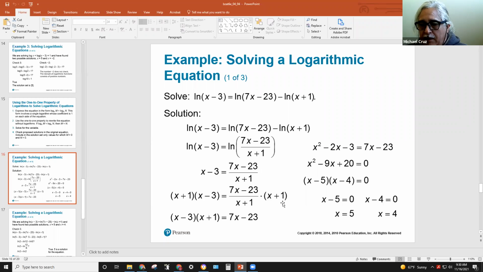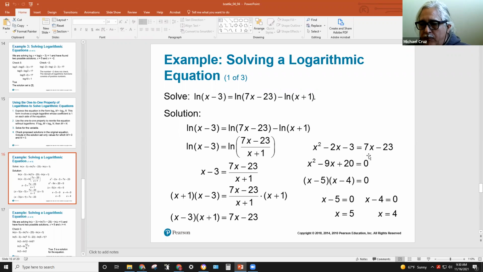On the right side, we're multiplying all of this times x plus 1. So see, those go away, and you're just left with a numerator of 7x minus 23. And over here, that can be FOILed out as x squared minus 2x minus 3, and that's equal to 7x minus 23.